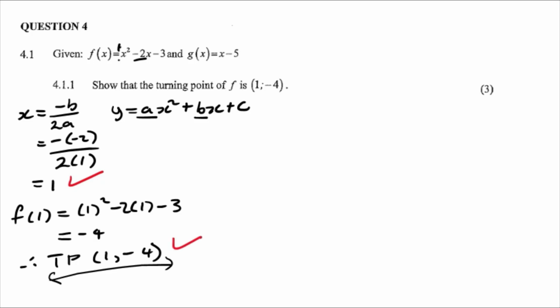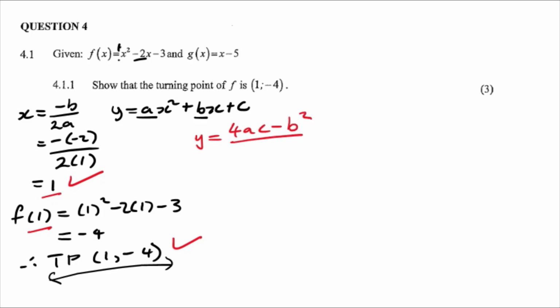But now here's a problem over here. We substituted the point 1 into the function. So what we needed to do over here, because it didn't say find the turning point, right? It said show. Now if we're going to use the axis of symmetry, for the x value we also need to use the equation. The y value of the turning point is 4ac minus b squared over 4a.